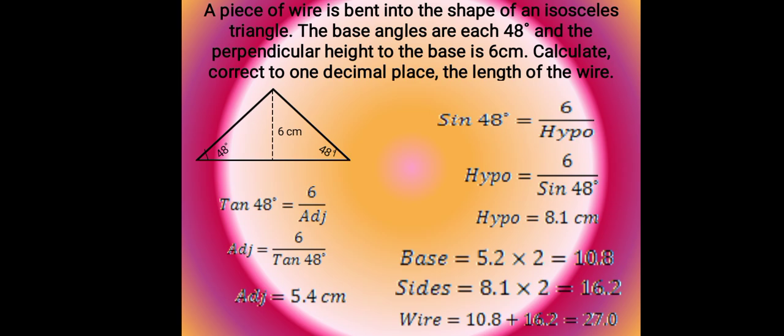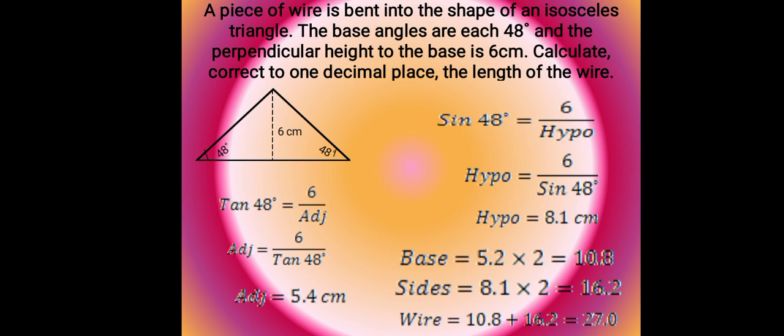Now let's look at sine theta. Sine theta we shall get by taking the opposite side over the hypotenuse. Now making the hypotenuse the subject of the formula, because we have the side and sine 48 degrees, the hypotenuse becomes 8.1 centimeters.